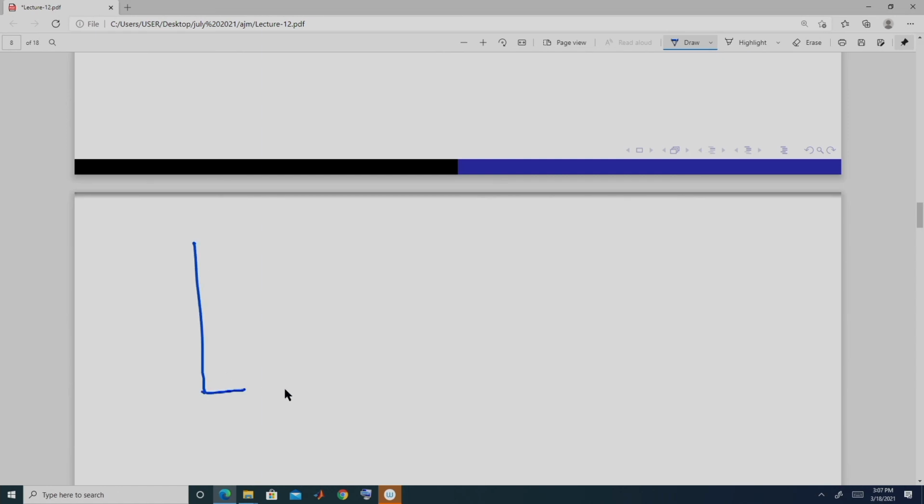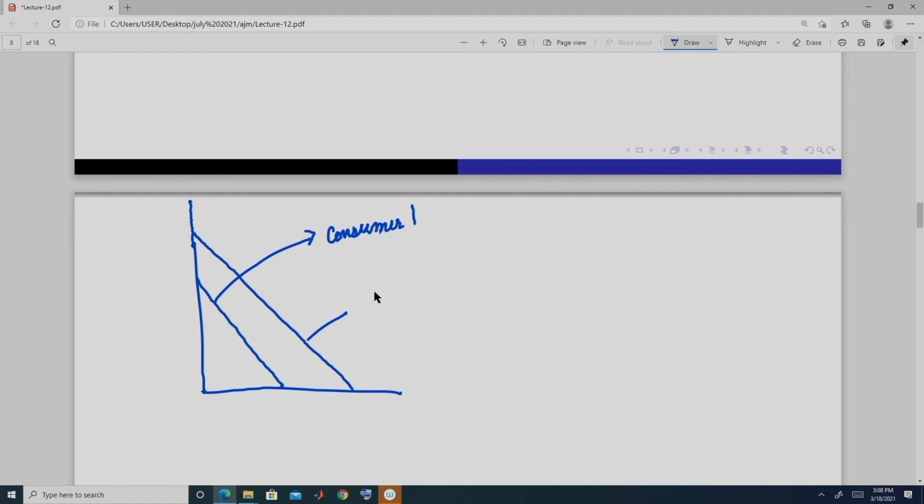Consumer 1 has this demand curve, and this is consumer 2. This is the quantity and this is the price.